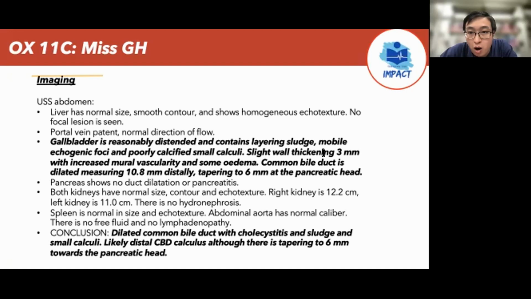We also have the common bile duct being dilated, and that's a telltale sign that there might be a stone obstructing the common bile duct, and hence indicating the presence of choledocholithiasis, which is the presence of stones in the common bile duct.